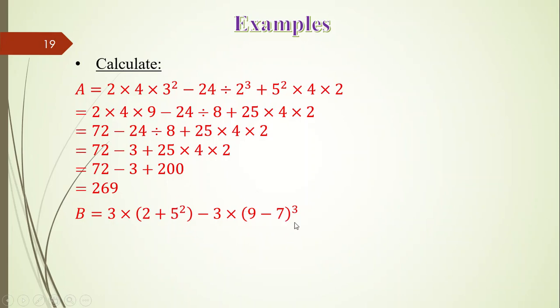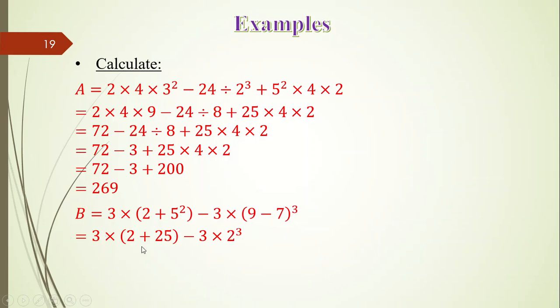In the second parenthesis, we have to calculate 9 minus 7. So 5 squared is equal to 25. 9 minus 7 is equal to 2, and there's a power 3. So it means we have 2 power 3.